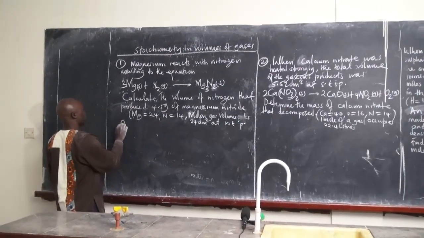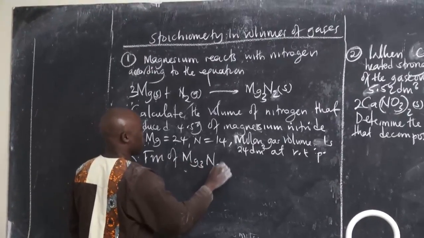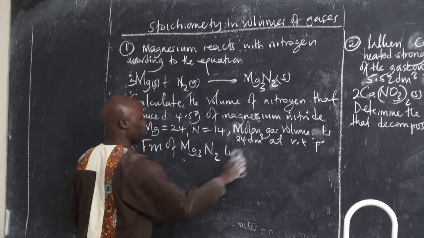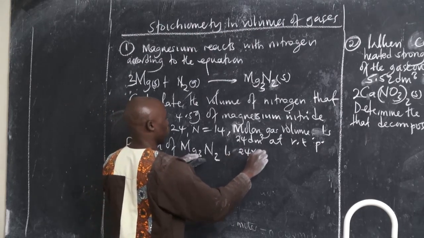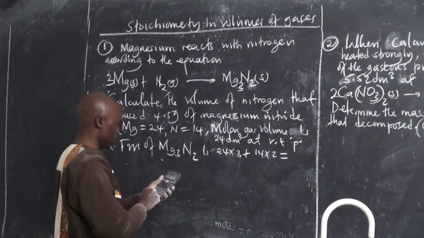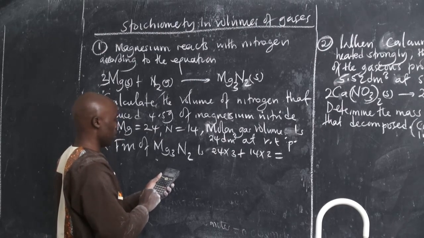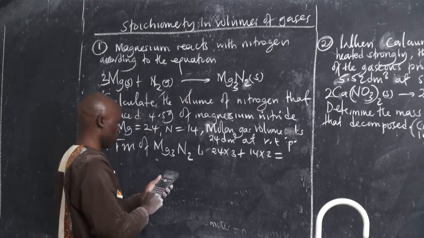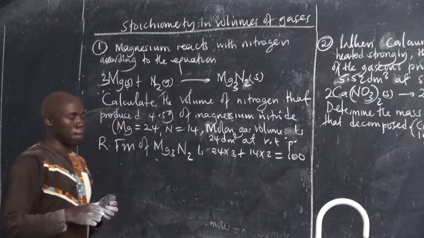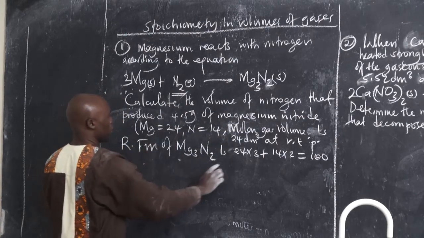So RFM of magnesium nitride is 24 times 3 plus 14 times 2, which gives us 100.